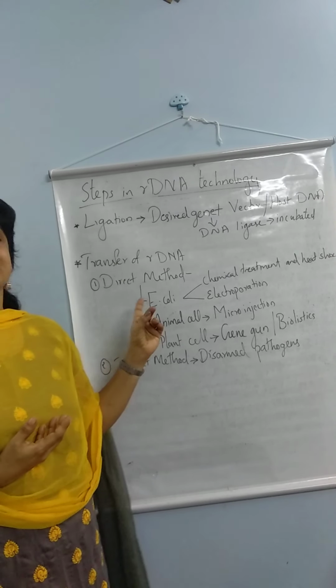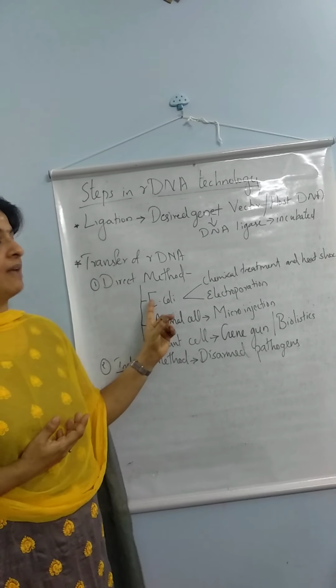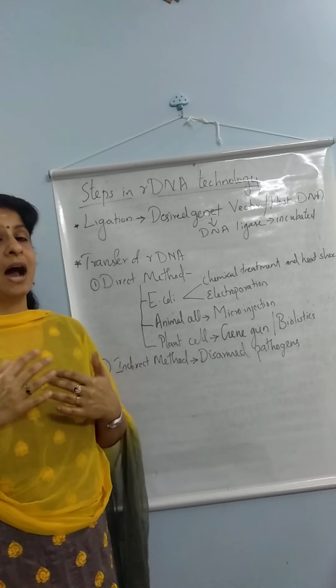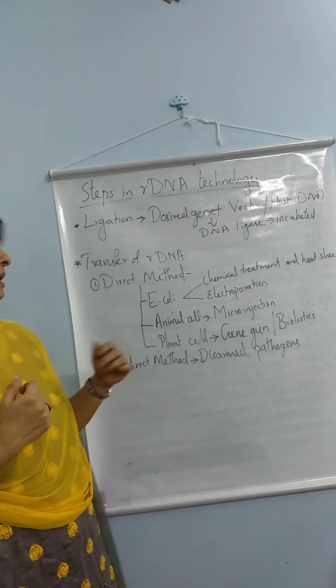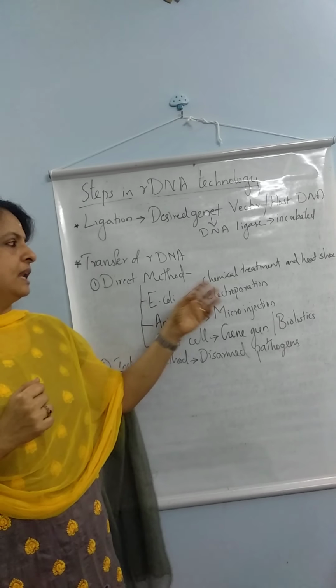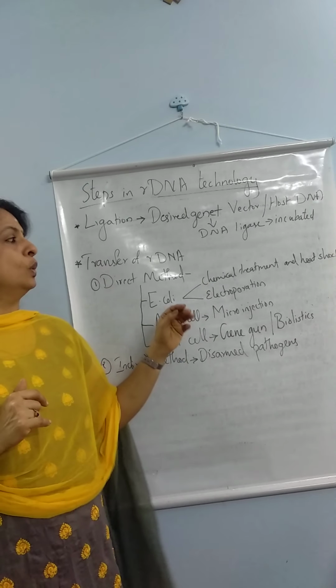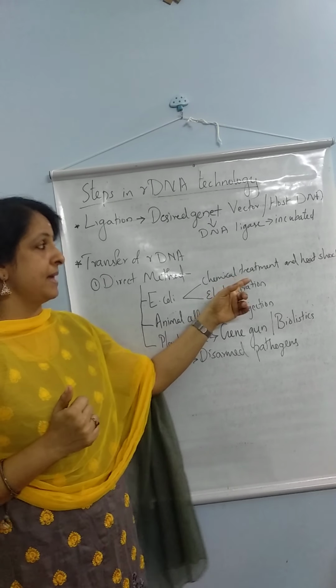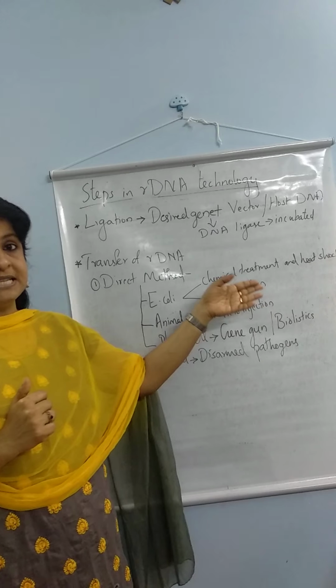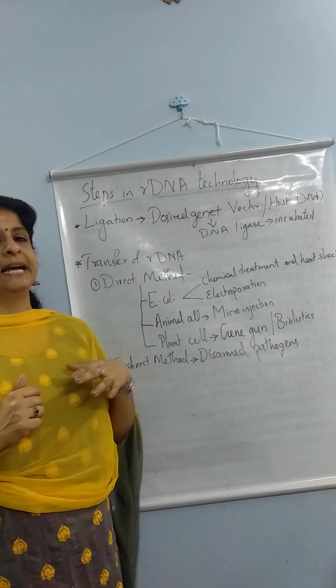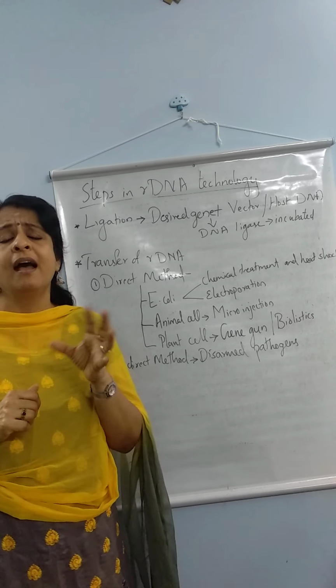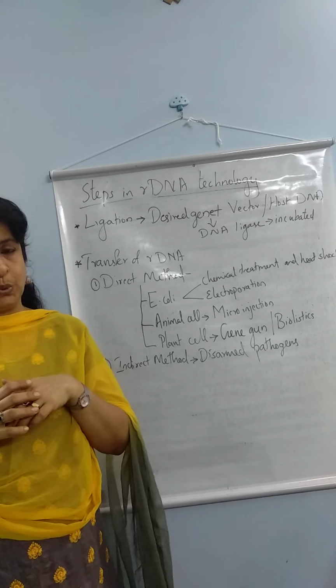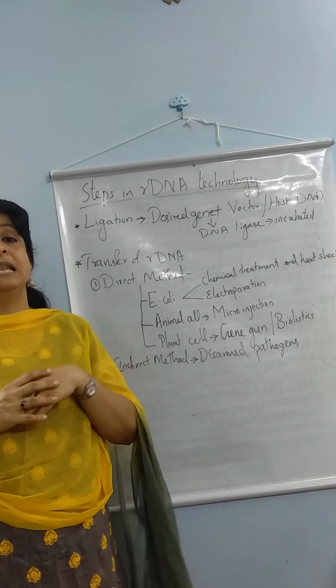If E. coli is the host organism, how can we transfer the rDNA by direct method? Two methods are there. One method, the first method which we need to study, is chemical method or chemical treatment and heat shock. This DNA is a large molecule and the membrane is lipophilic in nature.